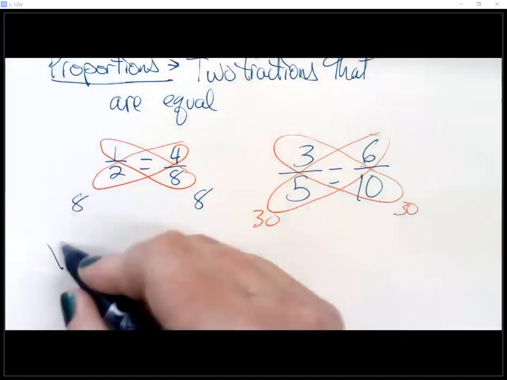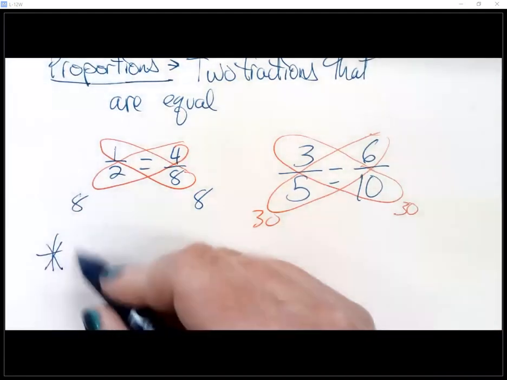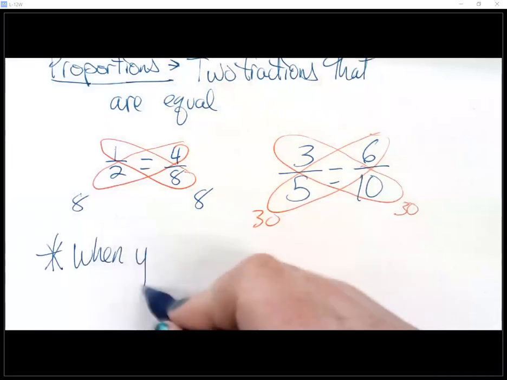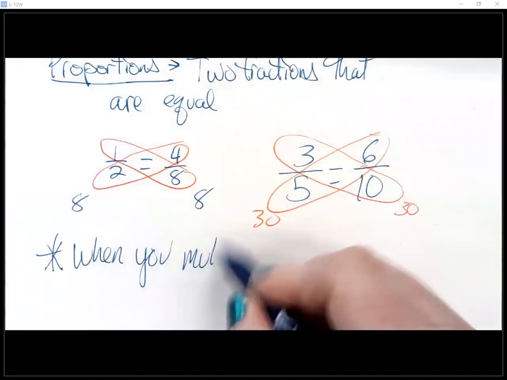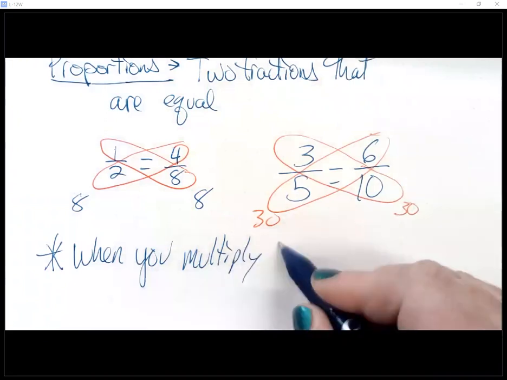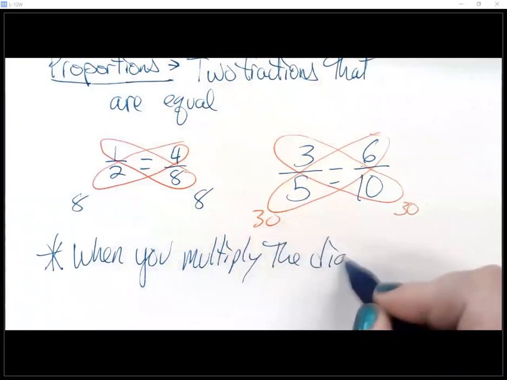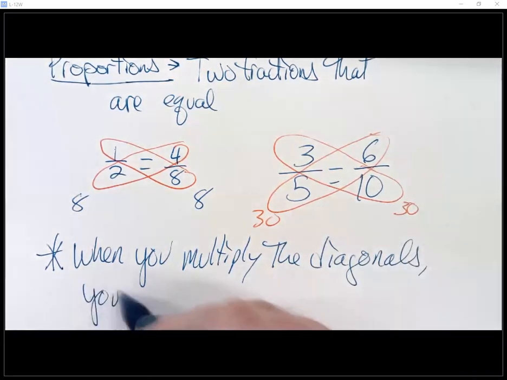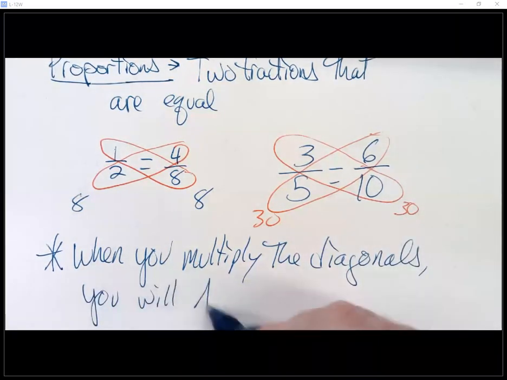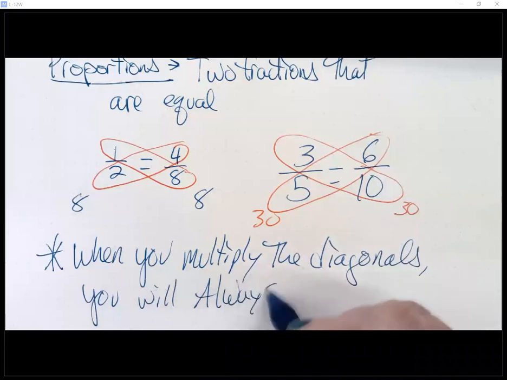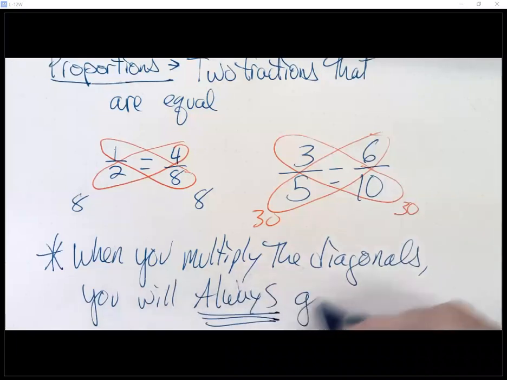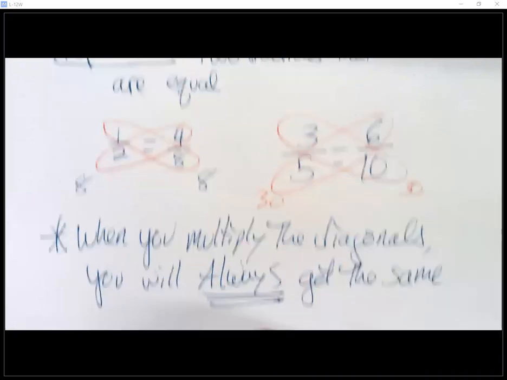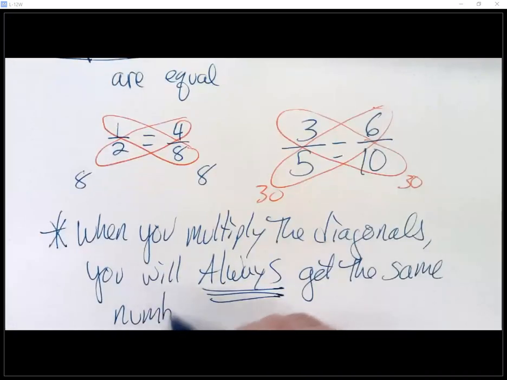So this is an important thing. When you multiply the diagonals, you will always get the same number in a proportion.